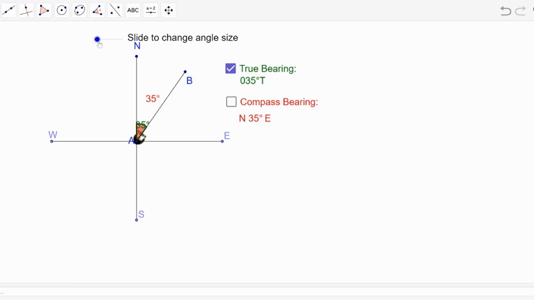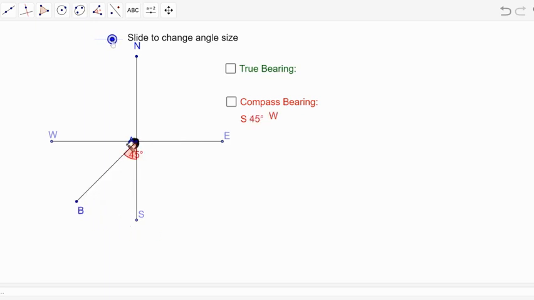So if we move to the second quadrant, here our compass bearing is 65 degrees, but we started from south, and we look at it like this: south 65 degrees towards east. That's what it means. South 65 degrees towards east, which is equivalent to a true bearing of 115 degrees.